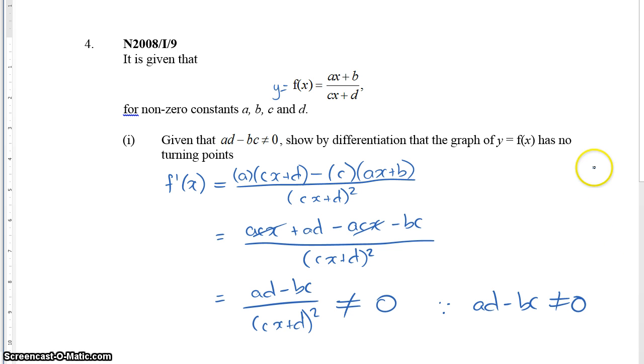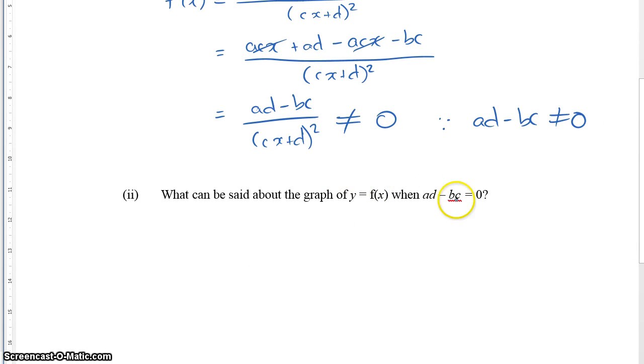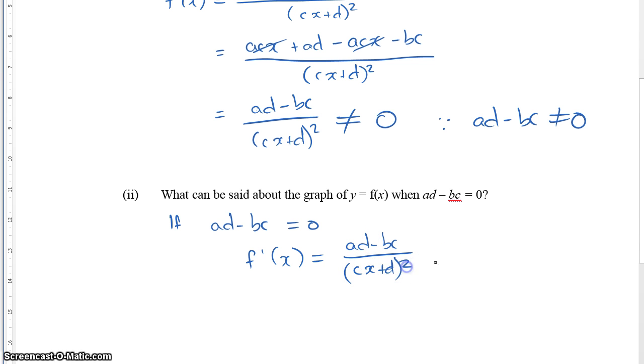Okay? So, what then can be said about the graph of y equals f of x when ad minus bc equals 0? Well, if ad minus bc equals 0, then f prime of x, which is equal to ad minus bc over cx plus d whole thing squared, would be 0 over cx plus d whole thing squared, which would be 0.